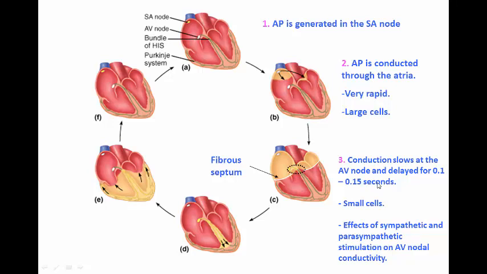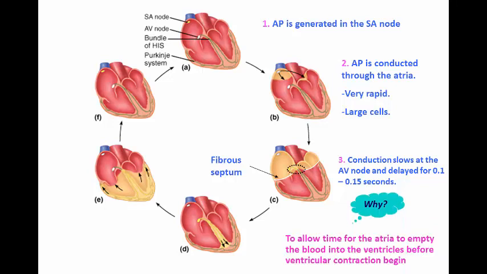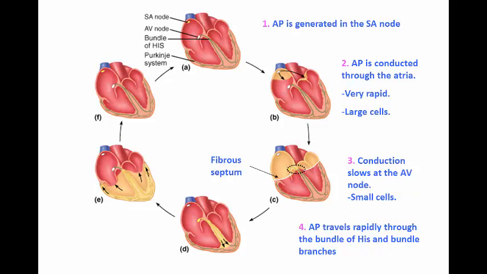This delay is possible because the AV nodal cells are small cells and they have few gap junctions in the intercalated discs. This AV nodal delay is important because it ensures that time is allowed for the atria to empty the blood into the ventricles before the ventricles are excited and contract to eject blood into the circulation.